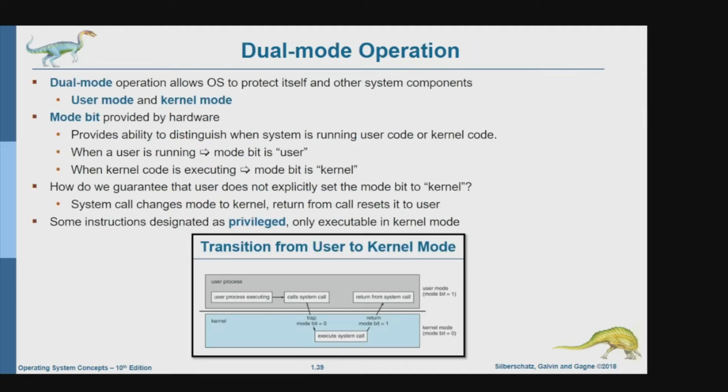The next topic we discuss is dual mode operation. Dual mode operation allows the OS to protect itself and other system components. Dual mode or multi-mode operation is used to distinguish between the execution of operating system code and user defined code.